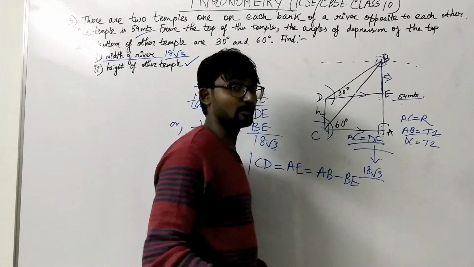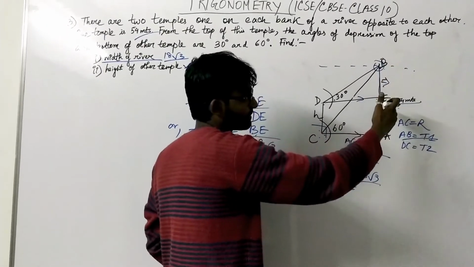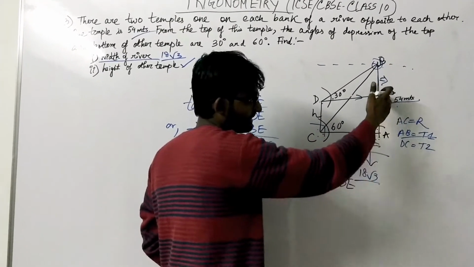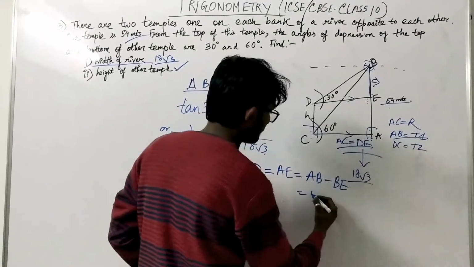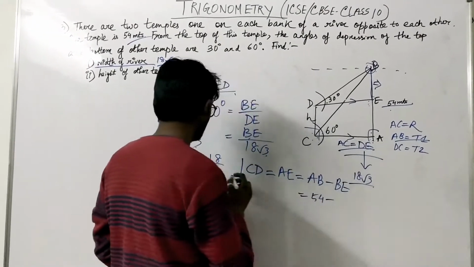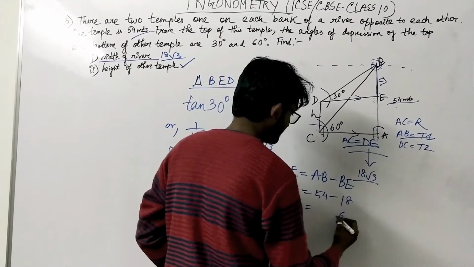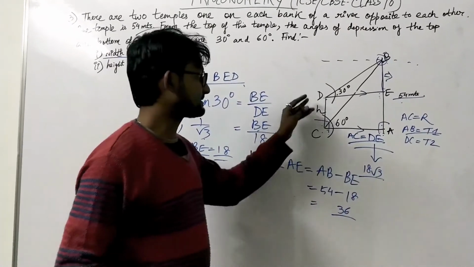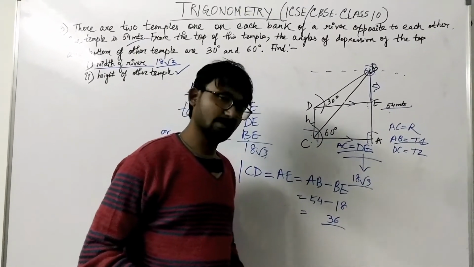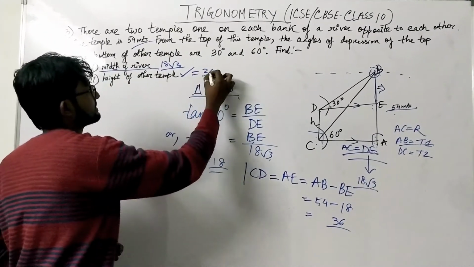Is it not so? You tell me. AB is there, so if we deduct BE from AB, we will get EA or AE. So AB we know is 54 and BE we know is 18. So it's coming to 36. So CD is nothing but 36 meters.